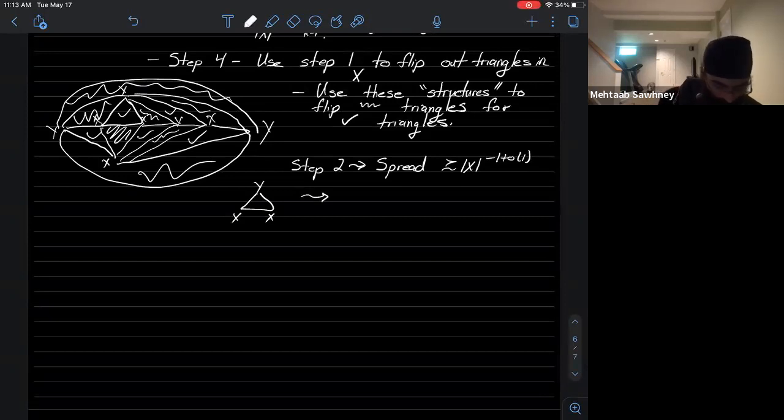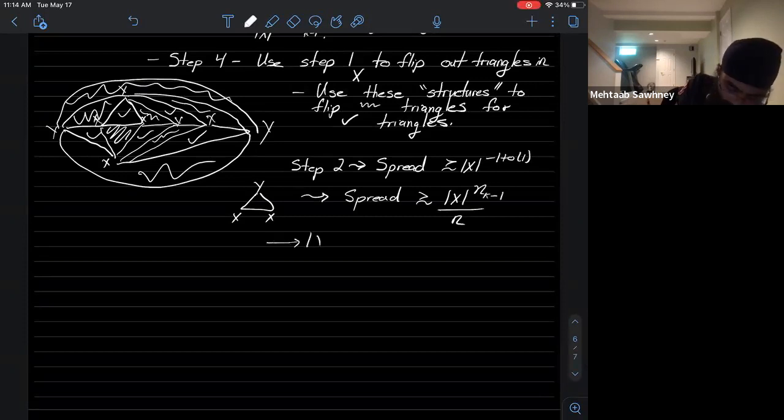And if you work it out, its spread is something like x to the eta k minus 1 over n. And so then you pick x to be the right size.